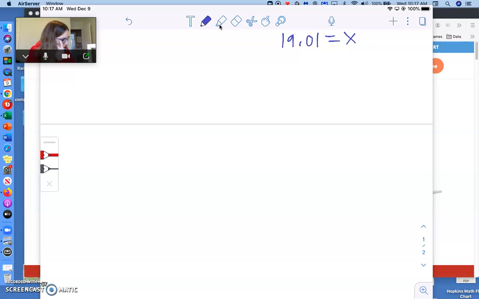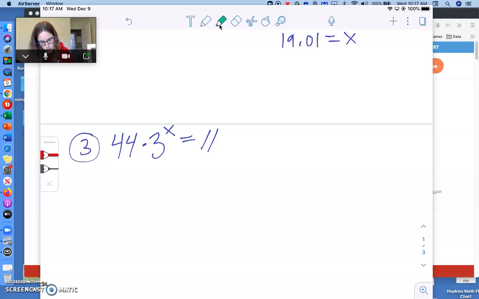All right, we're going to take a look at two more here. What if I had 44 times 3 to the x equals 11? This one's a little different because we have a number before our base and our exponent. So before we log each side, we have to get the base and exponent by itself.